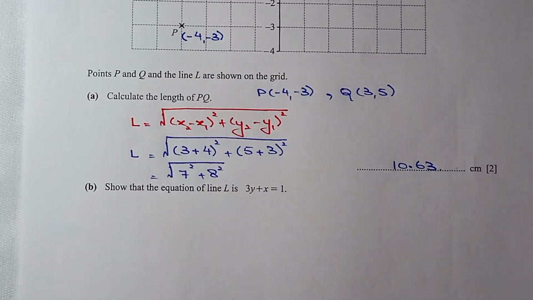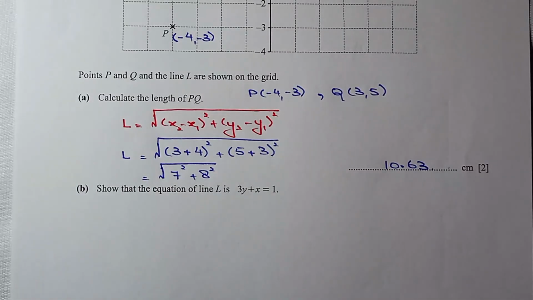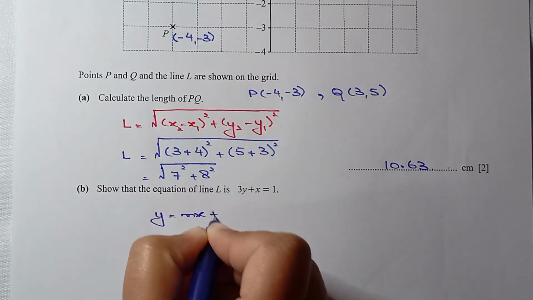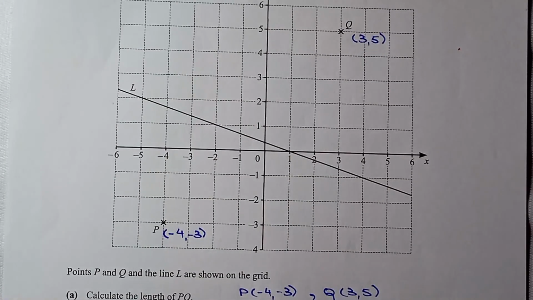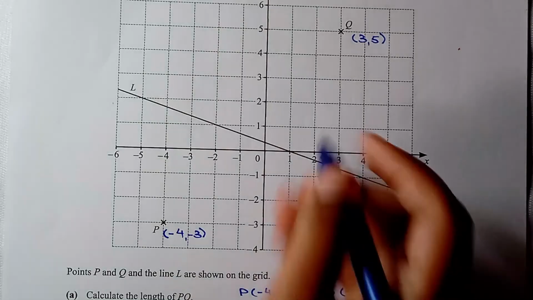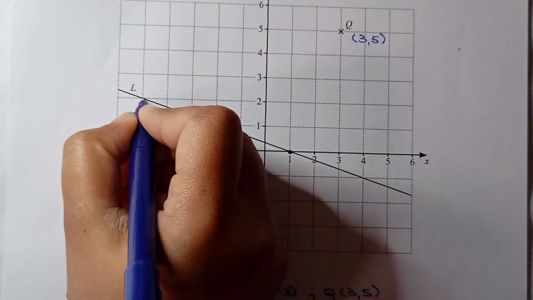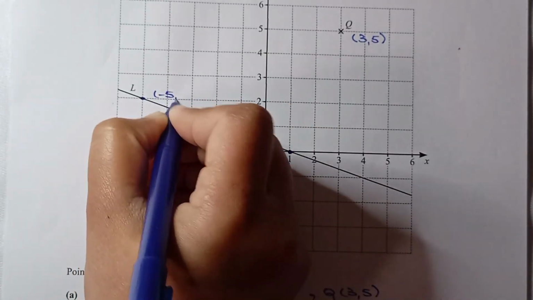Now for part B, show that the equation of line L is 3y plus x equals 1. By using the formula for the equation of a line, y equals mx plus b, where m is the slope, we can find the slope by using two points. The first point on line L is (1, 0), and the second point we can take is (-5, 2).